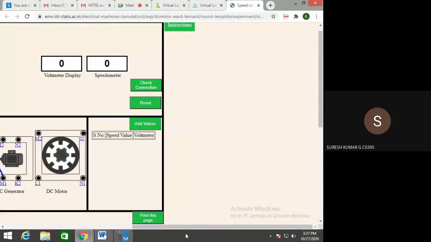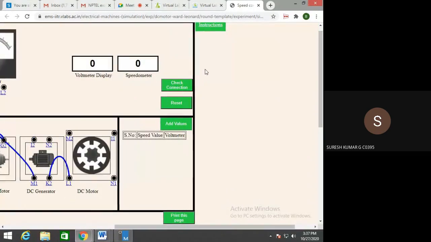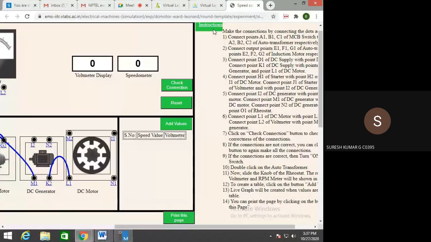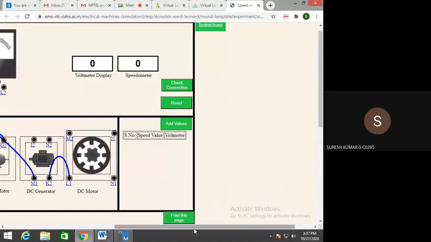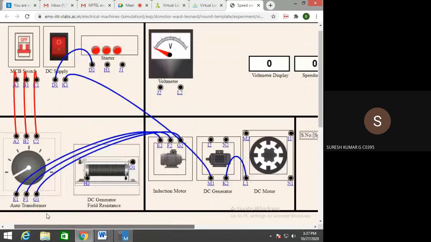K2 to L1. H1 of the starter to H2 of the rheostat of I1 of the DC motor.